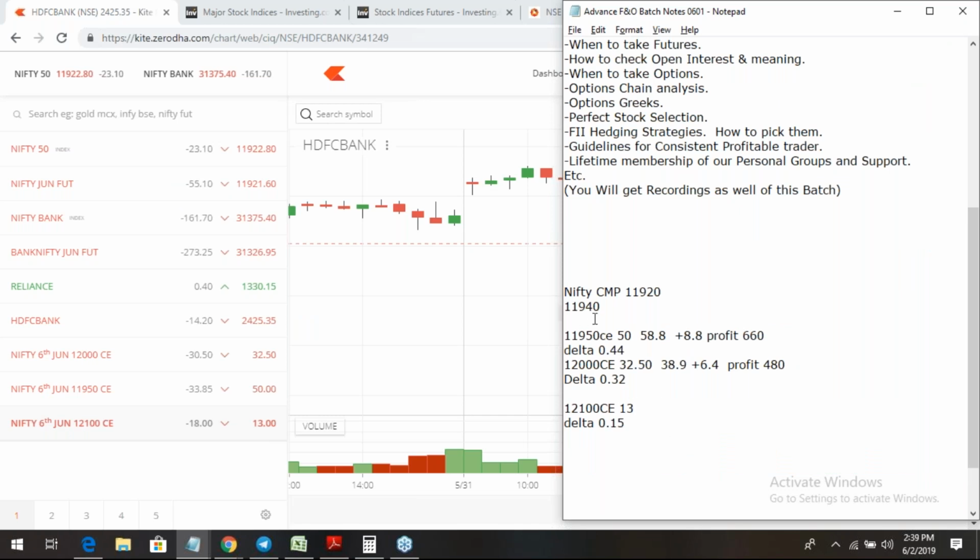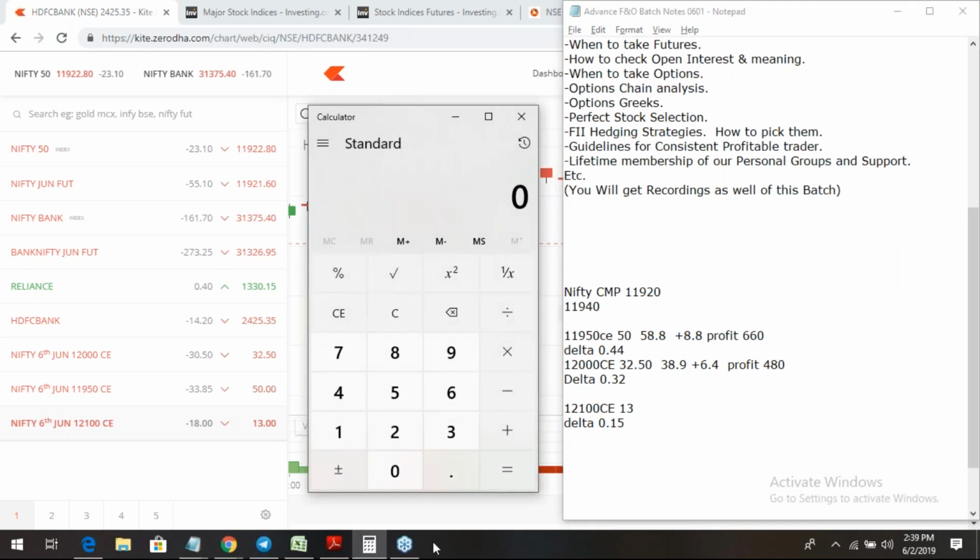If Nifty goes 20 rupees up, then what will happen? See, 20 into 0.15, 3 rupees. 13 rupees plus 3 rupees, 16.